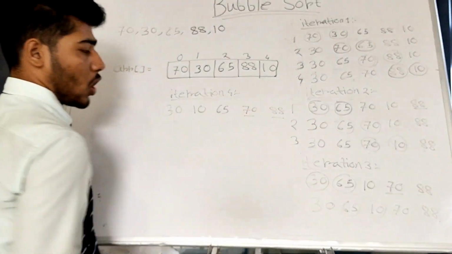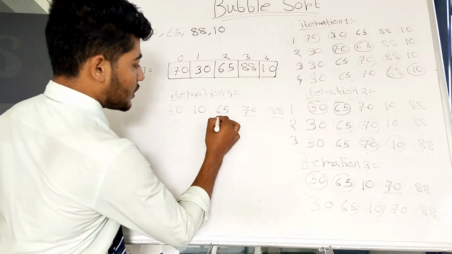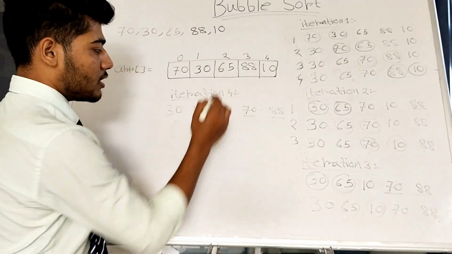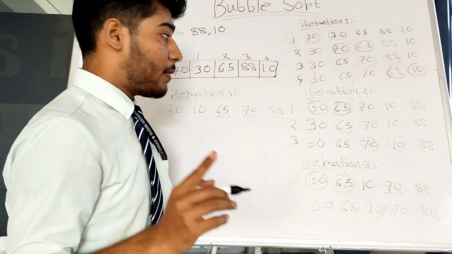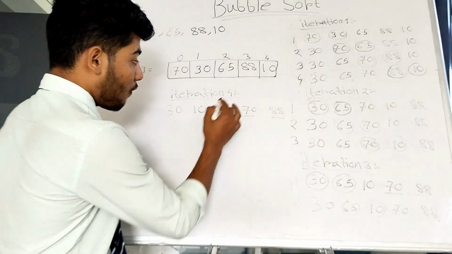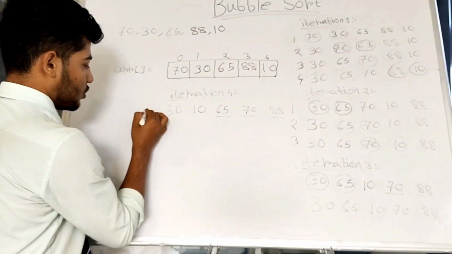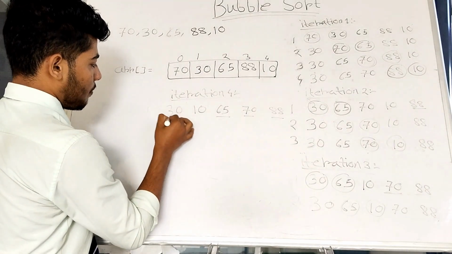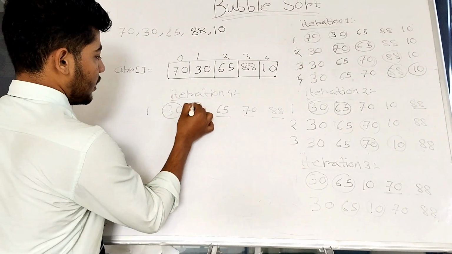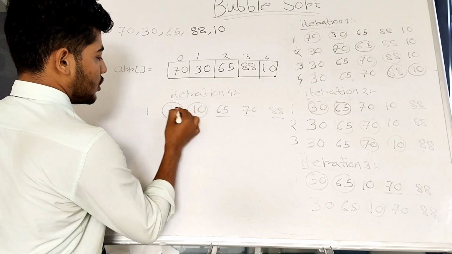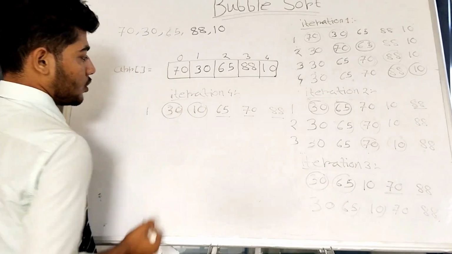Now 88, 70 is already sorted. Now 65 is sorted in this iteration. So the number of comparisons is n minus 4, meaning one time only. So we will compare only one time: 30 with 10, ARR 0 with ARR 1.